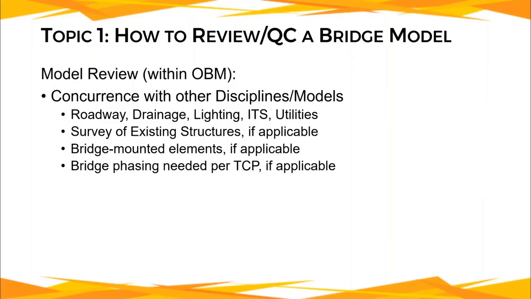So what does that mean? We can do the visual inspection that we talked about earlier. We can take a look at roadway, drainage, lighting if modeled, ITS, utility, all of those elements, and we can visually see how they fit within the bridge model, or see how the bridge model fits within them. And we can also do measurements, right? So we can use various different tools.